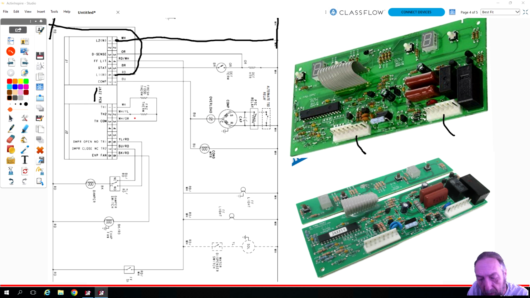So I'm going to go 1, 2, 3 and stick the black one in the third one, which is red. And I'm going to re-stick this white one in here like that. And let me flip it over so you guys can see it. Well, I got power and my board lit up, didn't it?